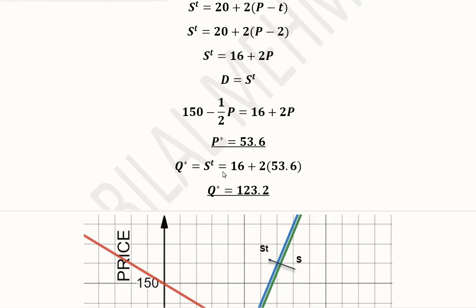Now we can put this value here in the demand function or the supply function. We will get the same answer. Here we have used the post-tax supply function, and this is why we are having 16.2 into the price, which is 53.6. So the post-tax equilibrium output is 123.2.